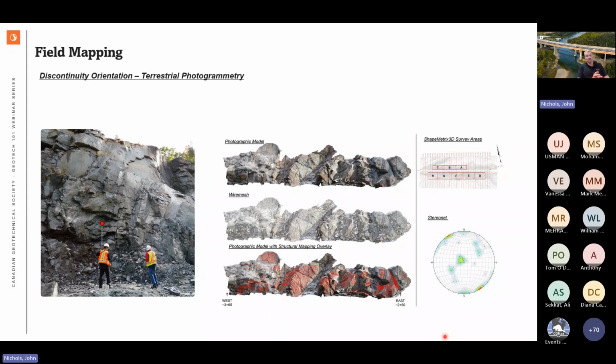I would say it's a great way to collect lots of data. The advantage of using these remote methods is that we're able to capture that joint set or discontinuity set that's way up on the slope. We're able to measure the length. We're able to get way more data, and justify that when we create these sets or groupings of discontinuities, we have a good understanding of their orientation because the random fractures and breaks can be sorted out.